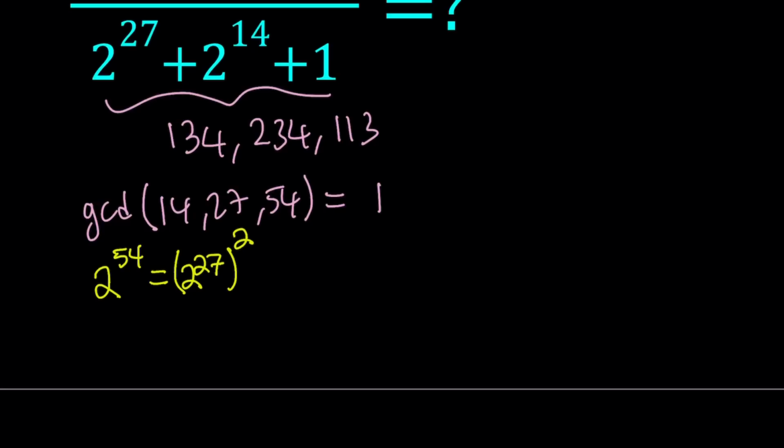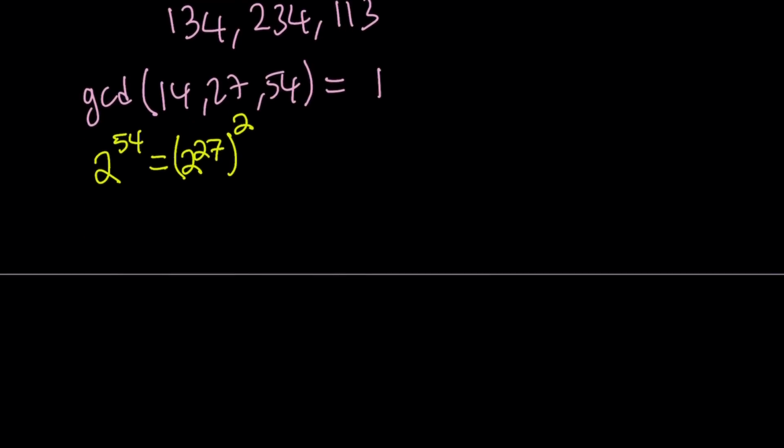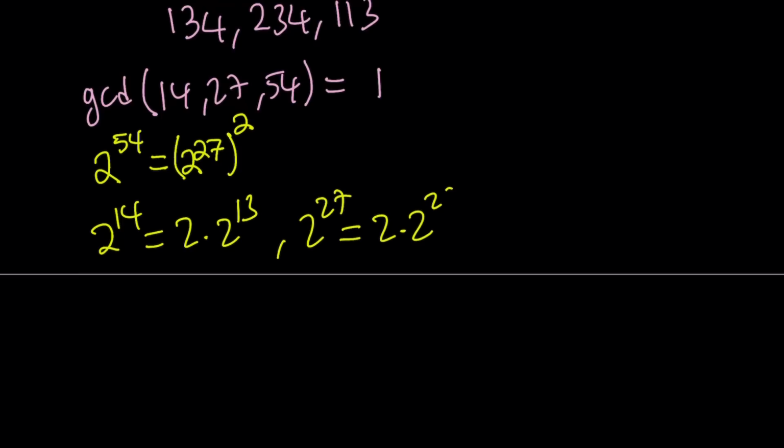But what about 2 to the power 14? What are we going to do about it? So we need a smarter approach. Here's what I'm thinking. 2 to the power 14 is 2 times 2 to the power 13. And then 2 to the power 27 is 2 times 2 to the power 26, which can be written as 2 times 2 to the power 13 squared.